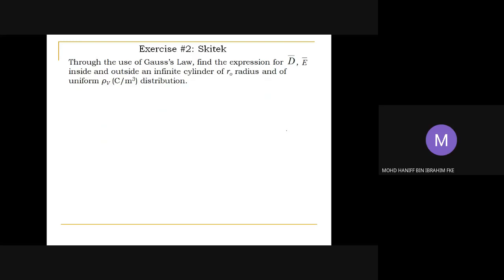We have this case similar to what we have done before, in which we are having a cylinder, which is assumed to be infinite in length. We can assume this looks like this. That's your cylindrical structure, which has a charge density of rho_v, and the radius is r naught.